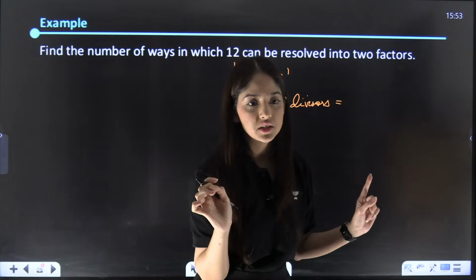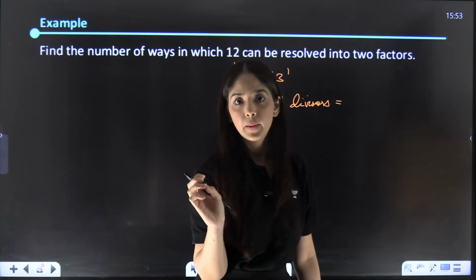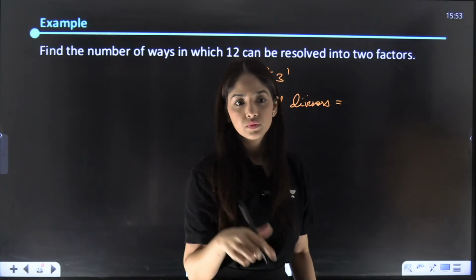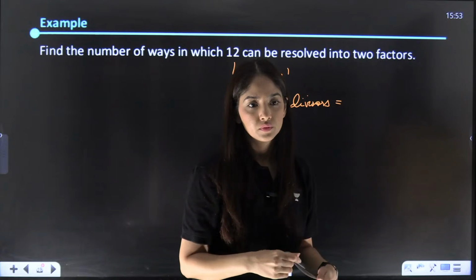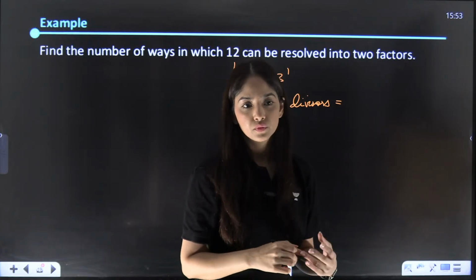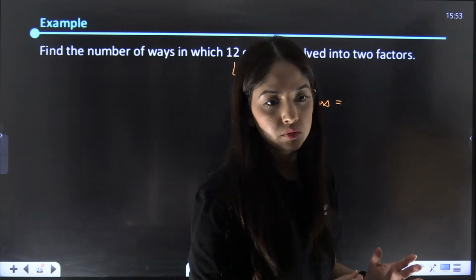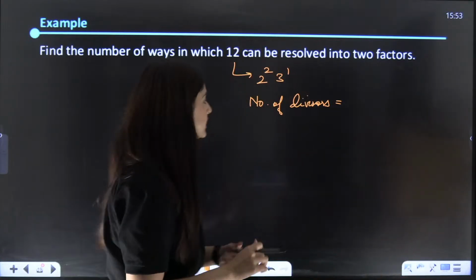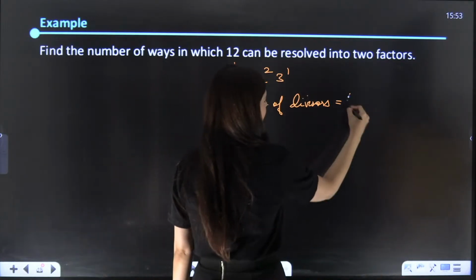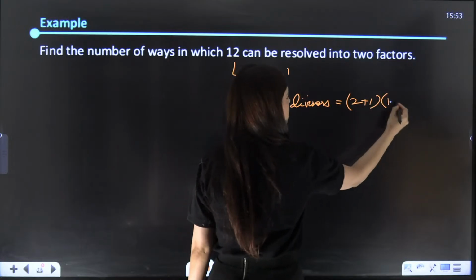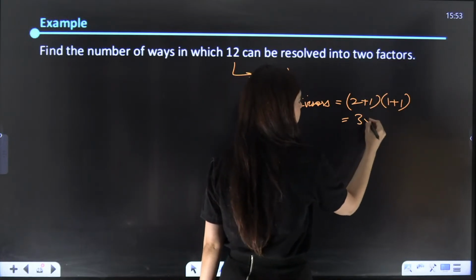Total number of divisors is (2 plus 1) into (1 plus 1), 3 into 2, 6.